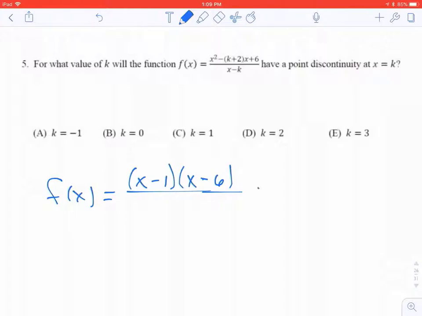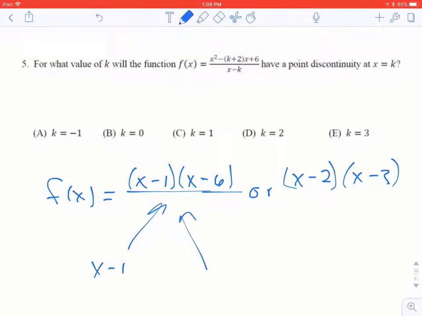Could factor into an x minus 2 and an x minus 3. Those are the only ways this could factor. So whichever way it factors means the denominator is either going to be an x minus 1 or an x minus 6 or an x minus 2 or an x minus 3.